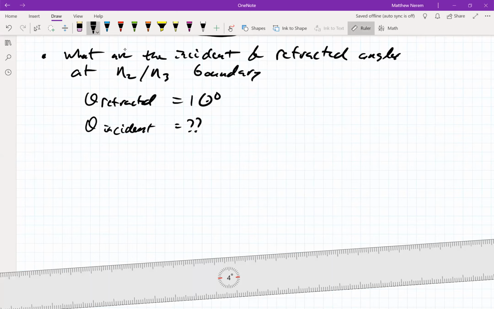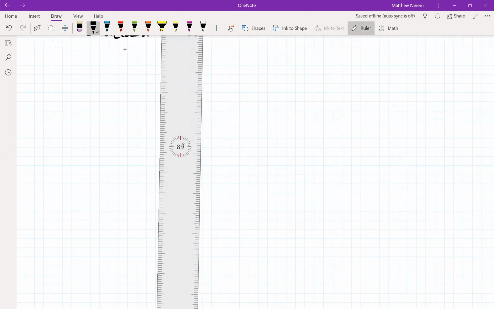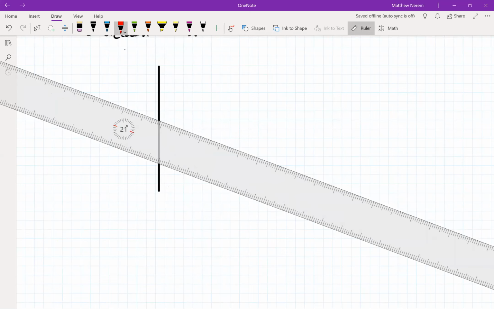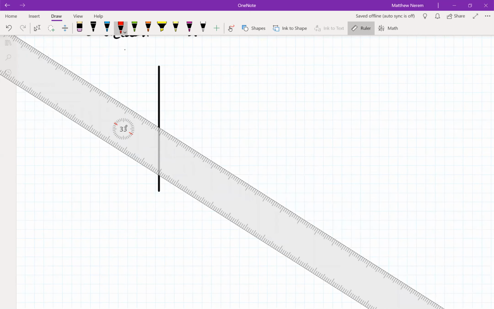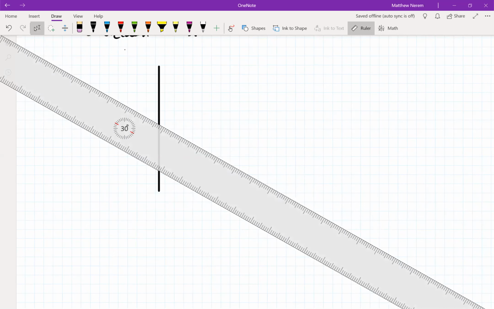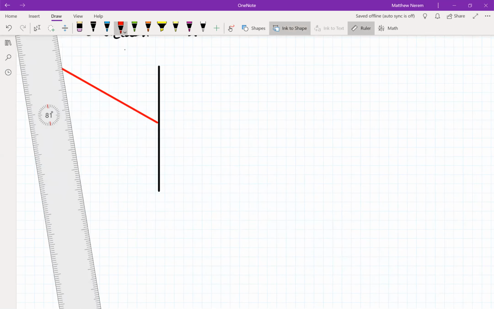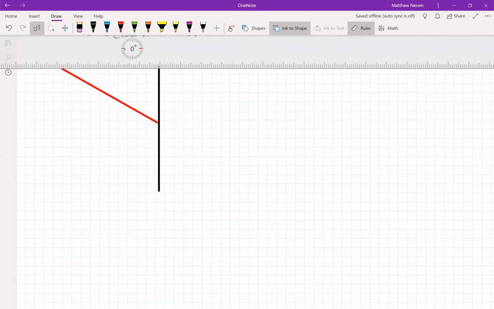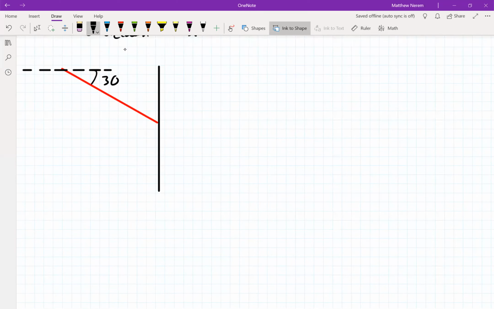Let's bring our rulers back. There we go. All right. So here's our boundary. We have a ray that came in at 30 degrees. Yep, that's 30 degrees.